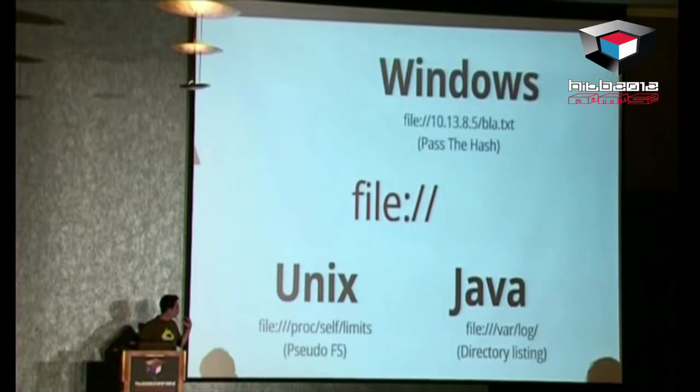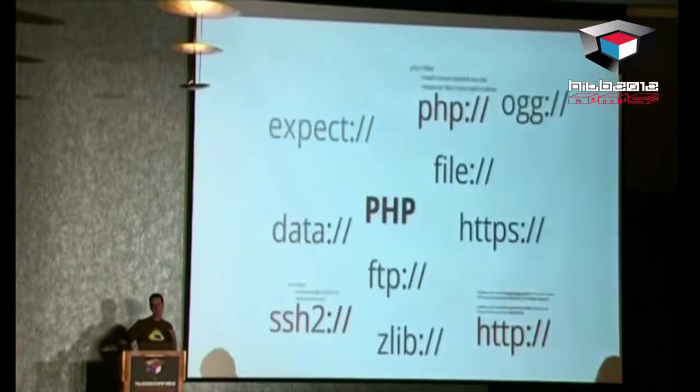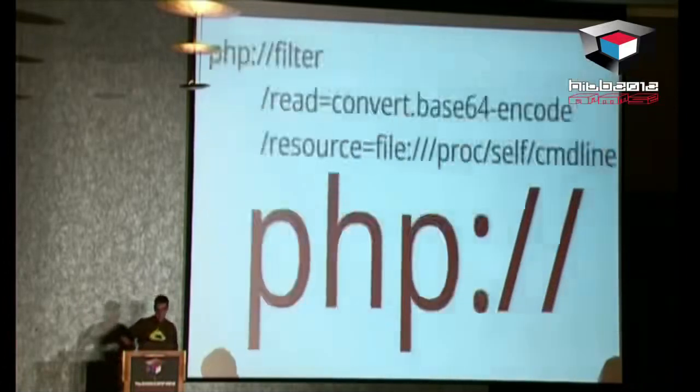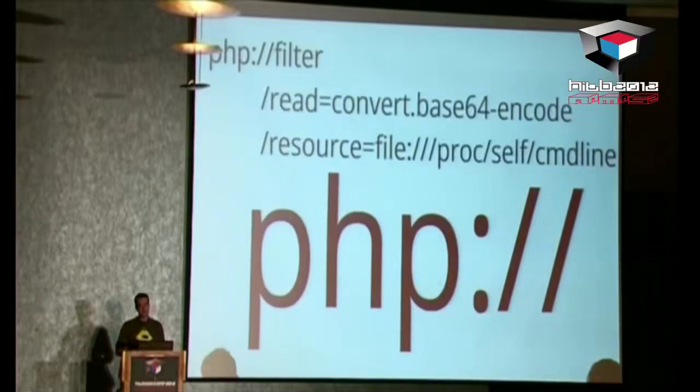PHP. There are a lot of special URL handlers in PHP. The HTTP one is very friendly because if you can get some error message, you can get the banner, so it's SSH, it's VNC. There is a PHP URL handler which can be used to do some preprocessing on an opened file.